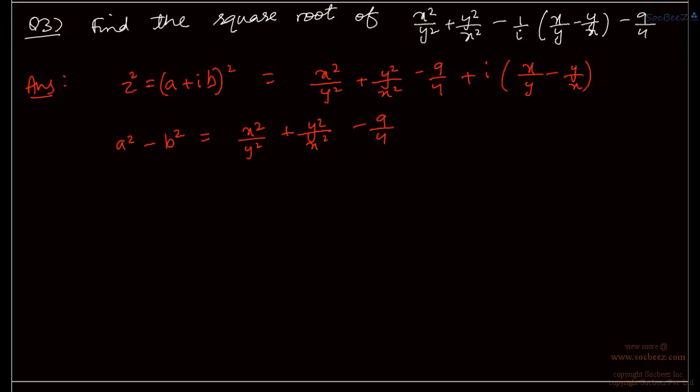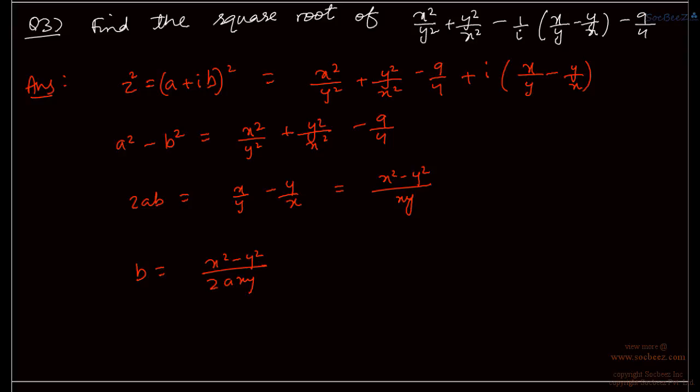Right? Now equating the real and imaginary parts, you get, right? This is for the real part. For the imaginary, we have, now this can further be written as x squared minus y squared by xy. Hence, now let us solve these two equations. So b is nothing but, by 2a into xy. Right?